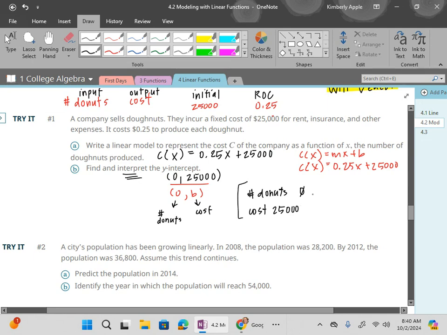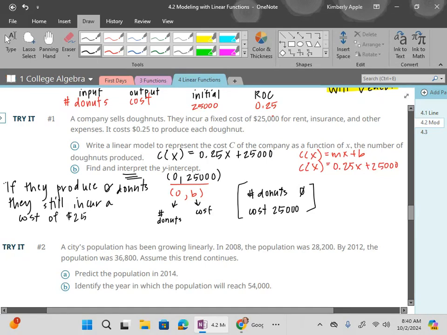And so we can take this little bit of information and say, okay, if they produce, let's talk about that in words, if they produce 0 donuts, they still incur a cost of $25,000. So see how I went on these little waypoints?